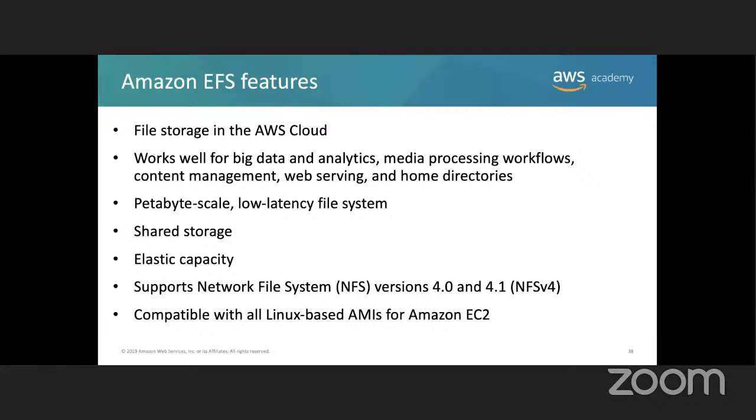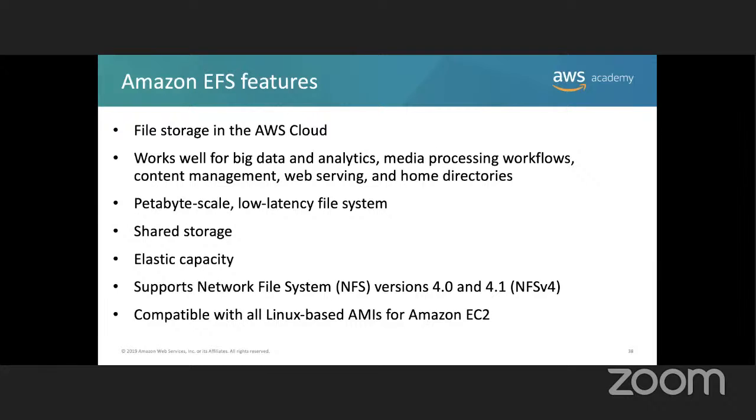You can create file systems that are accessible to Amazon EC2 instances through a file system interface. Now, guys, don't forget, this is the key word: shared. It's a shared file system. Remember when we saw EBS volumes? There's only one EC2 instance per EBS volume.